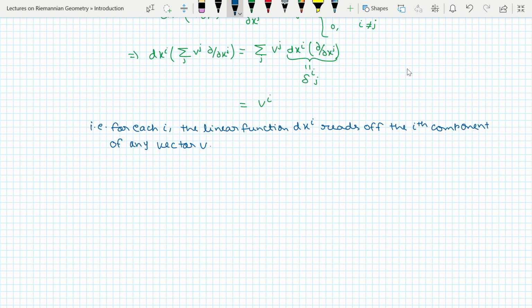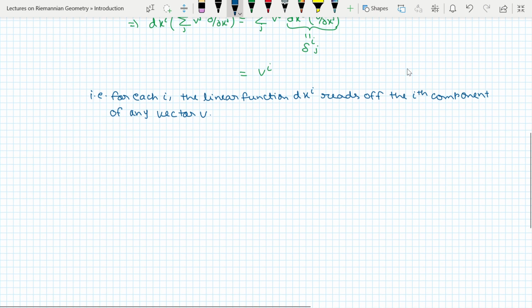Okay, and so that is why, now you understand this thing, summation i, j gij dxi dxj. gij are simply the components of the Riemannian matrix, and dxi dxj provides you the ith and jth components of the vectors.